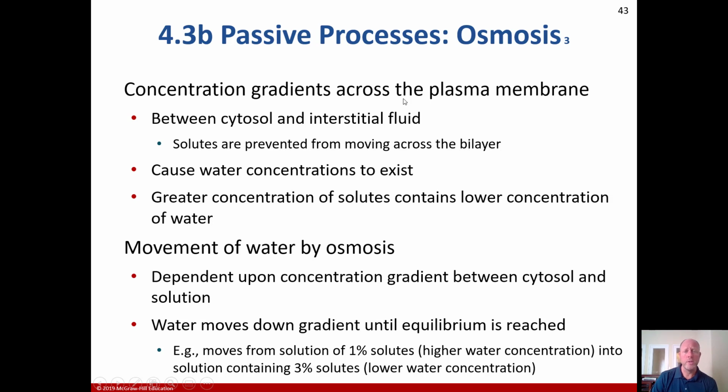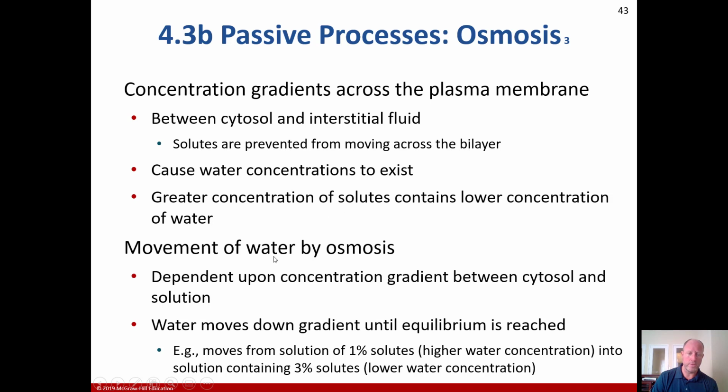Considering the concentration gradients across the plasma membrane between the cytosol and the interstitial fluid, solutes are prevented from moving across that bilayer, and so water concentration differences exist, right? A greater concentration of solutes means a lower concentration of water. More solutes, lower water concentration; fewer solutes, higher water concentration.